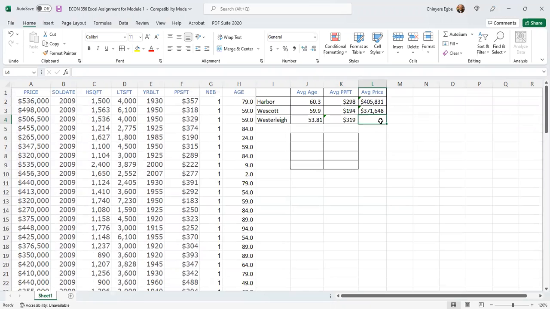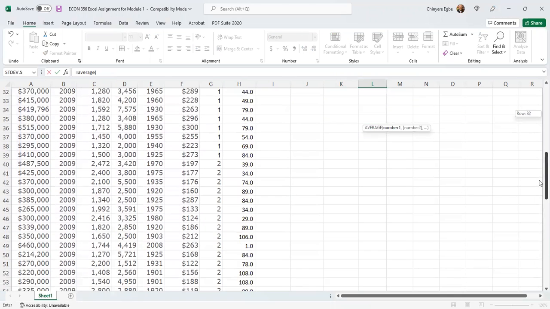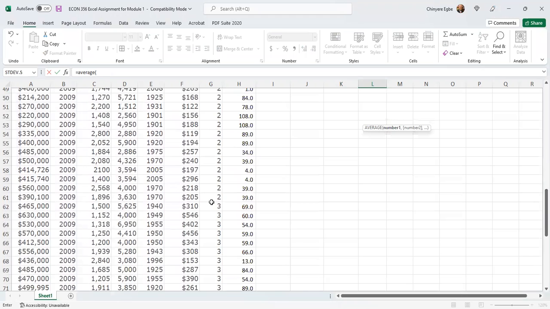And for neighborhood 3, of course, average. Neighborhood 3 starts here.